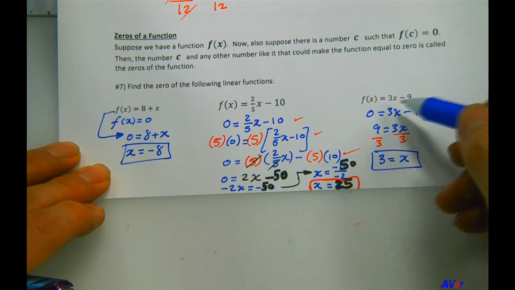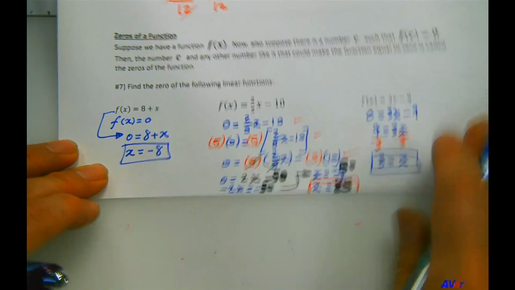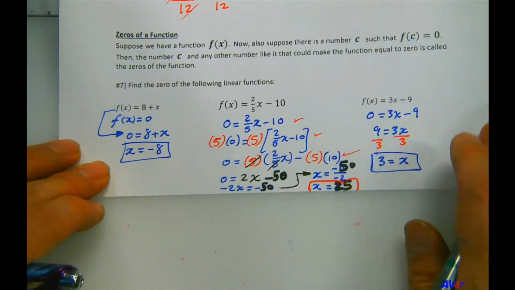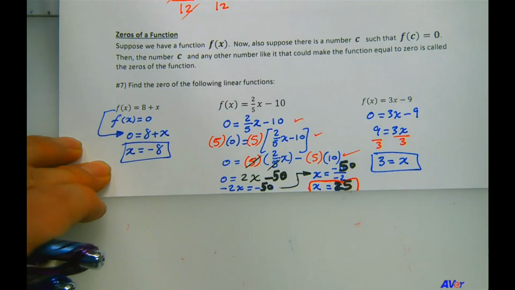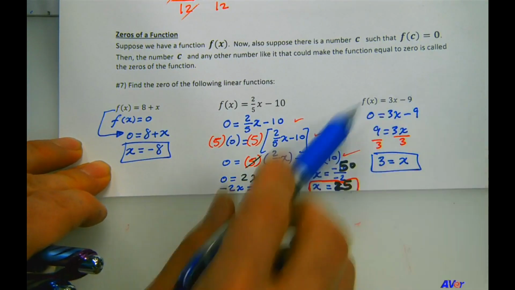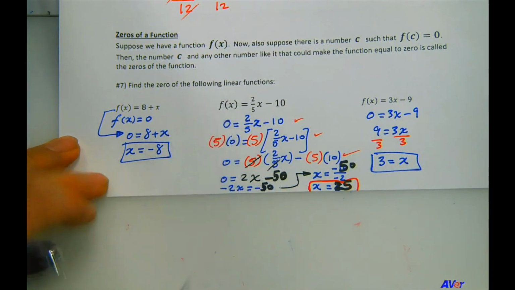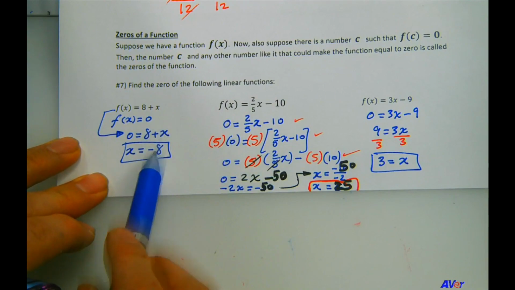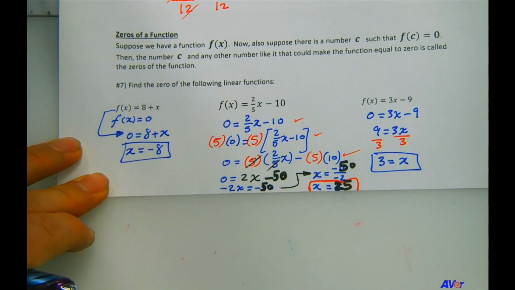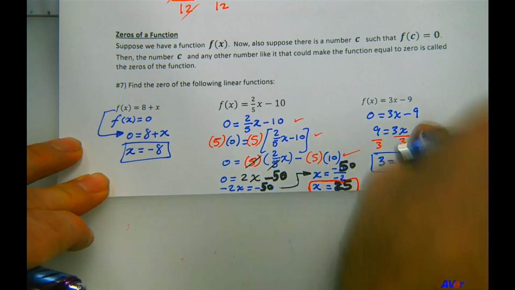So you plug here for x with 3, you will get 0 for the function value. Okay, so x equals 3 is a 0 of that function. X equals 25 is a 0 of this function, and x equals negative 8 is a 0 of this function.